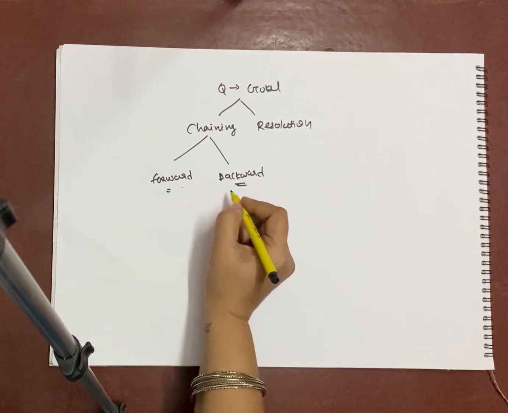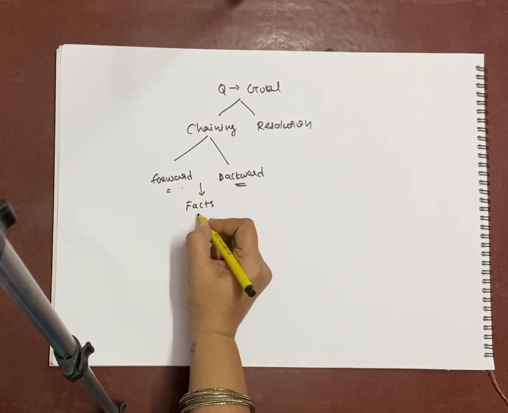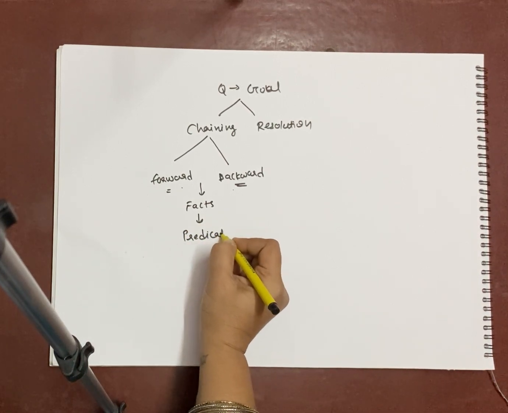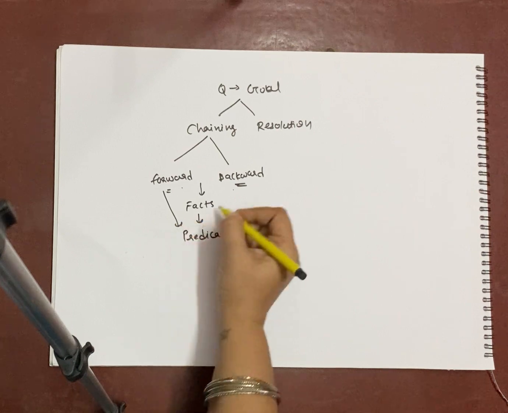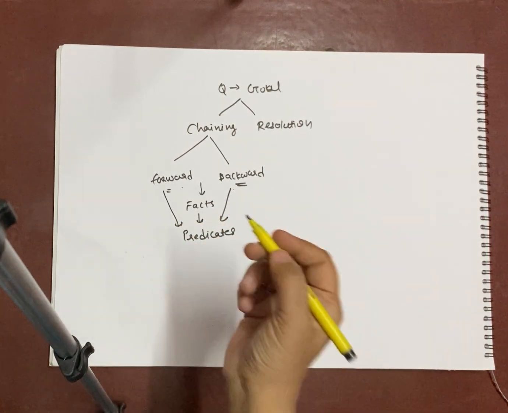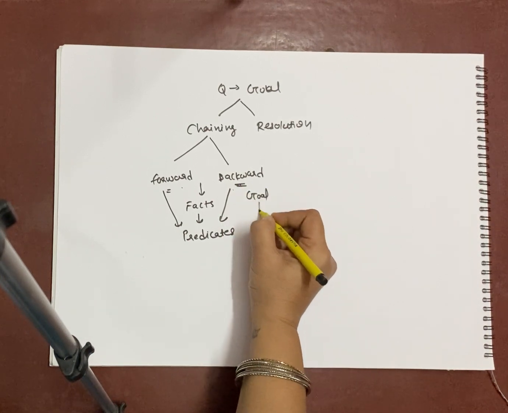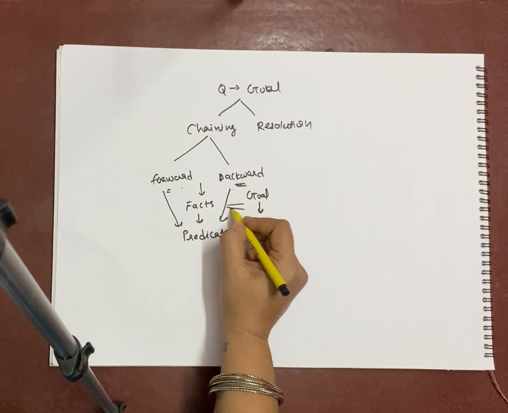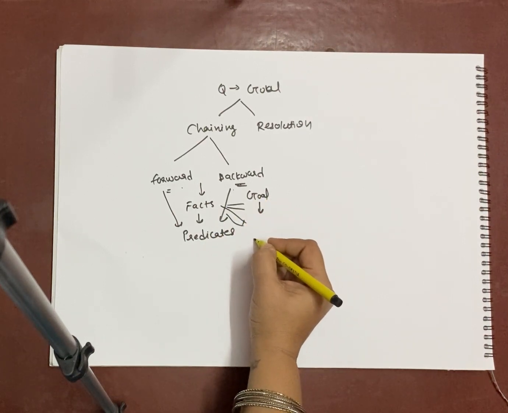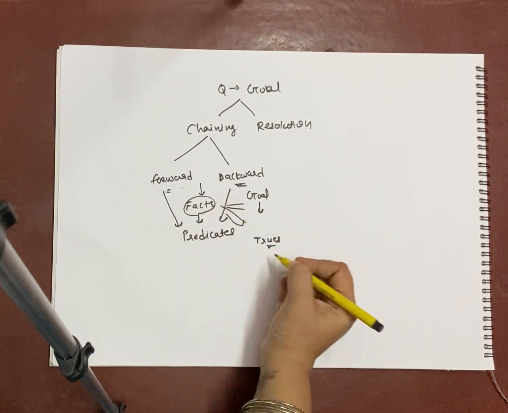For applying forward chaining or backward chaining, we have to gather facts. We have to convert these facts to appropriate predicates, right? So forward chaining or backward chaining works on the basis of predicates directly. We have also discussed that in backward chaining, we start from the goal and then, with the support of the appropriate facts, we try to prove that the goal is true, with the support of all the facts we have.